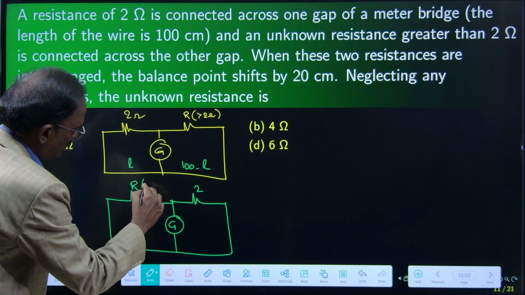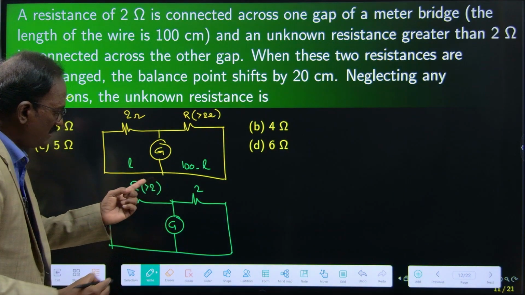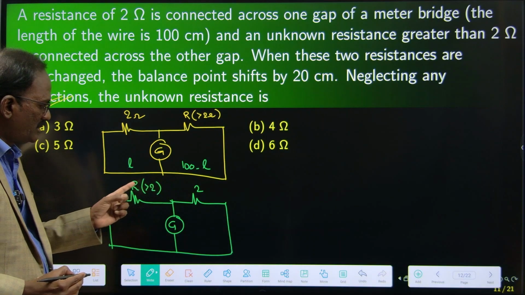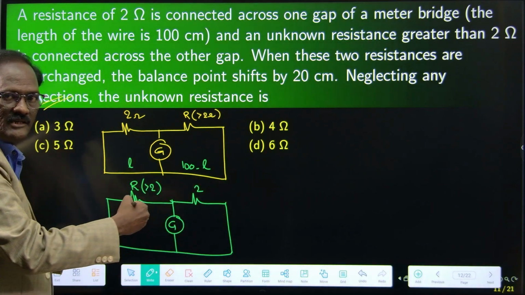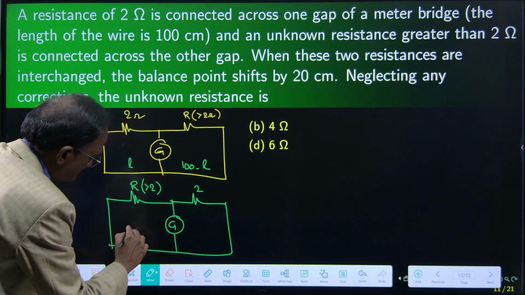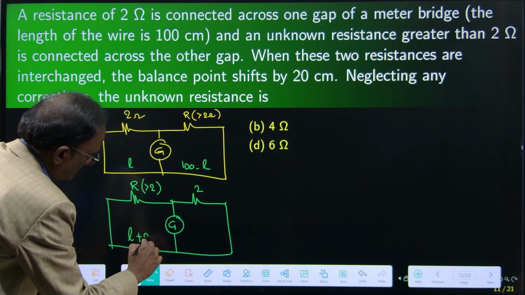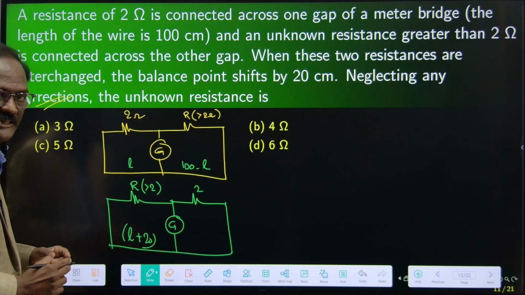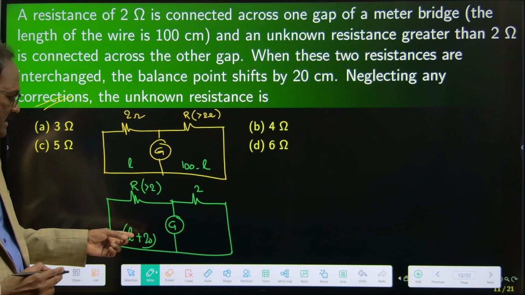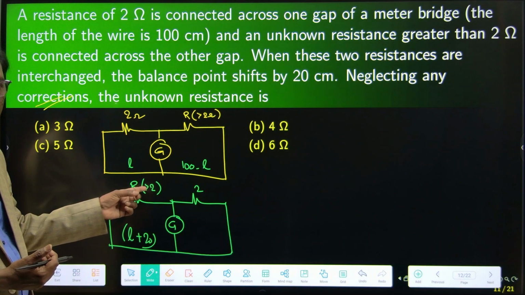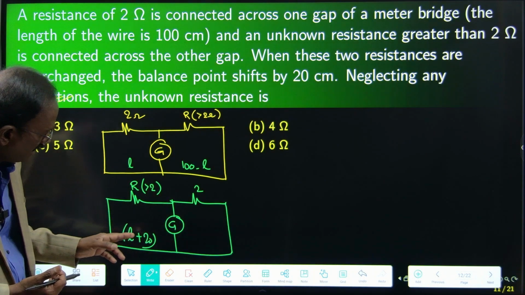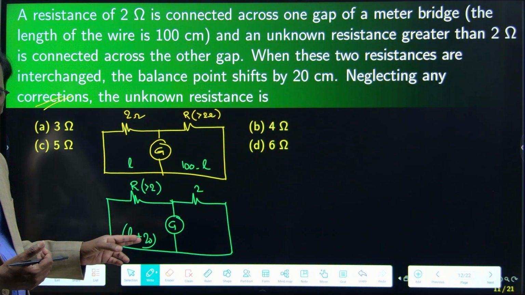Since R value is greater than 2 ohms, it may be 3 or 4 or 5. So the shifting should happen on the right hand side, L plus 20. Isn't it? For this meaning only they are giving this hint, it is greater than 2, or otherwise you can write L minus 20, right?